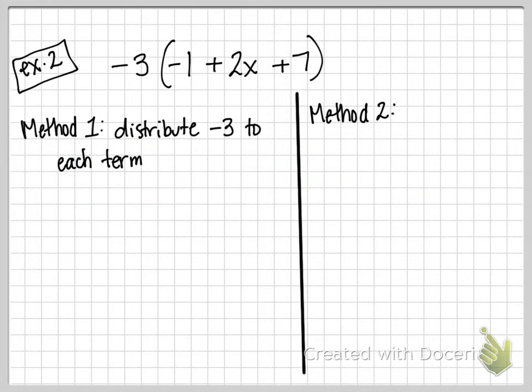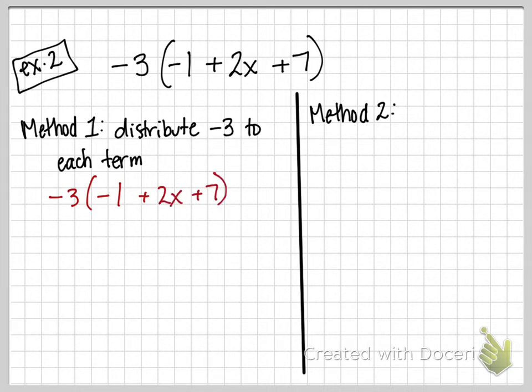There are two methods for doing a problem like this where you have 3 terms in the parentheses. You can use either. I'm going to show you both, and then you can decide which one you like. Method 1 is to distribute the negative 3 to each term. So negative 3 times the quantity negative 1 plus 2x plus 7.